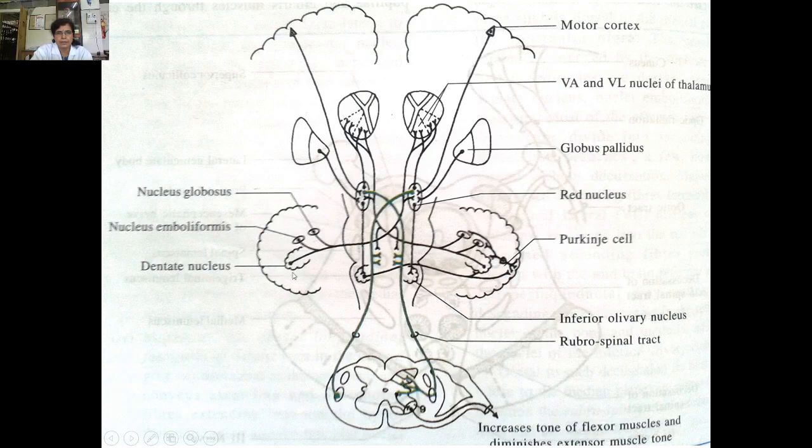These fibers, which arise in the dentate nucleus, nucleus emboliformis and nucleus globosus, enter into the superior cerebellar peduncle. Then they undergo decussation in the decussation of the superior cerebellar peduncle in the lower part of the midbrain, and after decussation maximum fibers ascend upward and end in the red nucleus and in the thalamus.